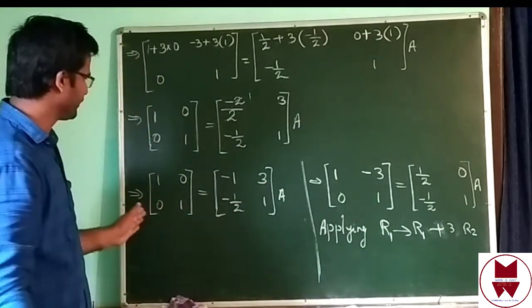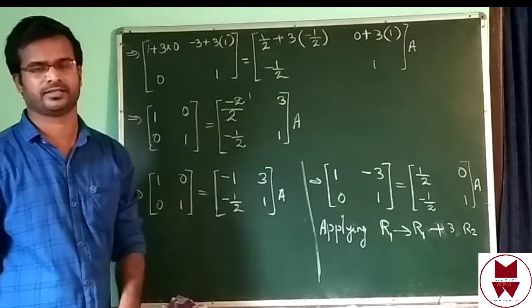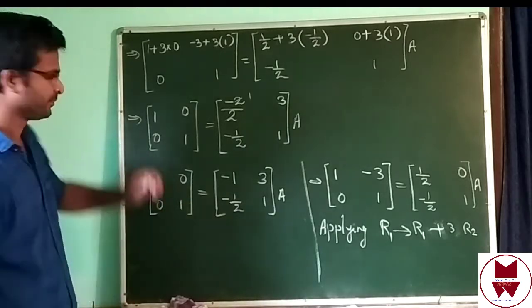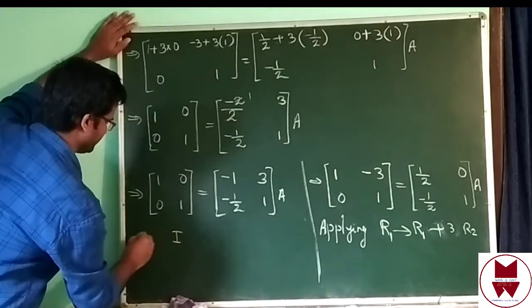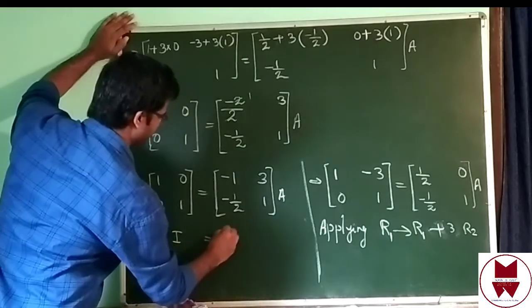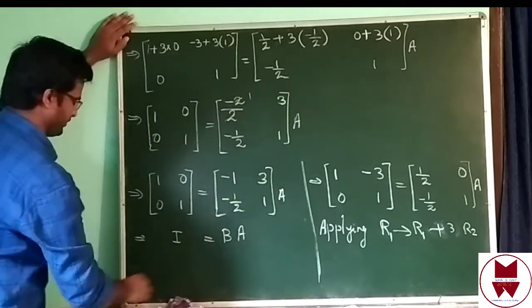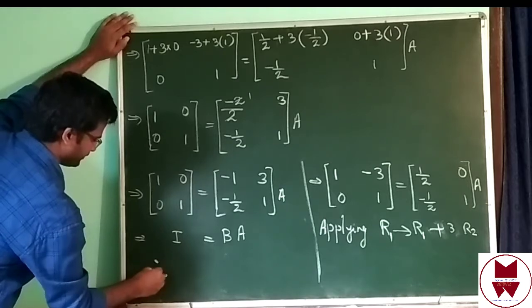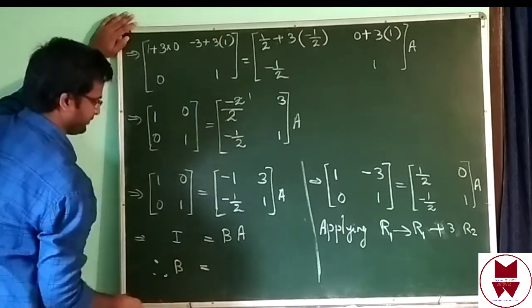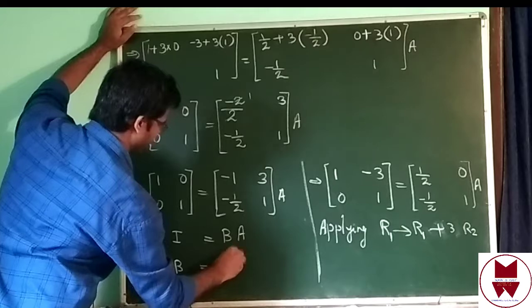Then left side we got one matrix 1, 0, 0, 1. What is that? That is identity matrix. We can write I equal to B into A. Therefore, B means A inverse.